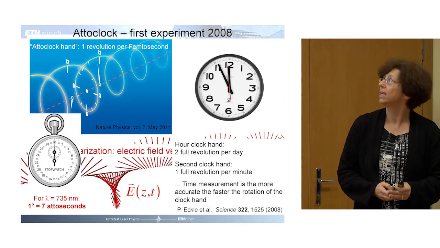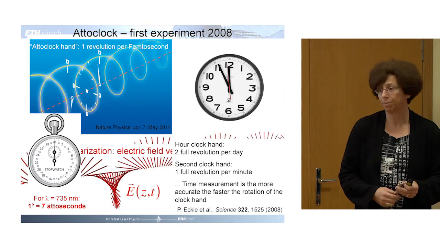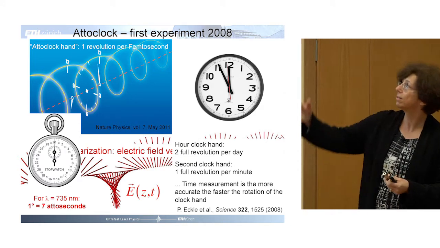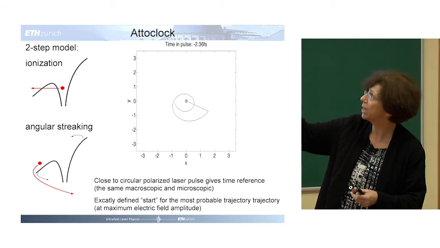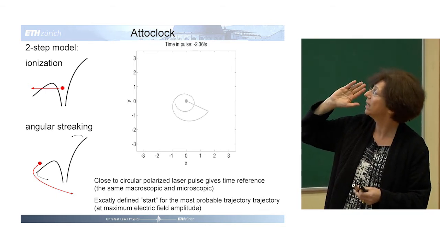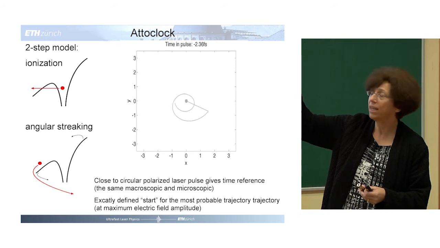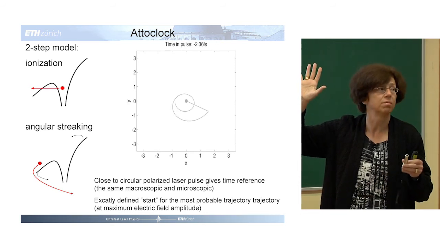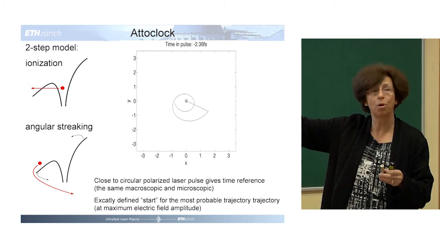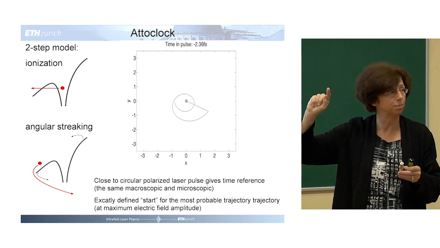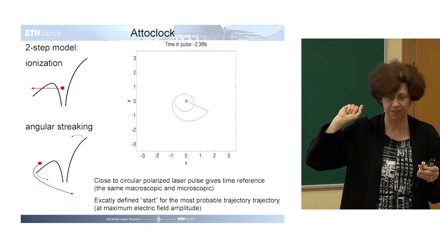So we basically do this in a simple target in the single active electron approximation. We use a two-step model. The laser light comes and ionizes just one atom. So the electron tunnels through, and then as soon as it's tunneled, it will propagate and be accelerated by the remaining part of the electric field.